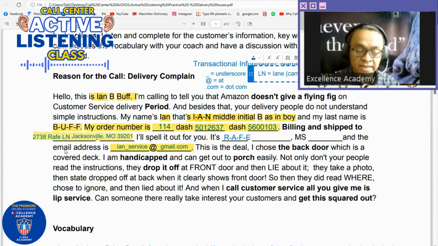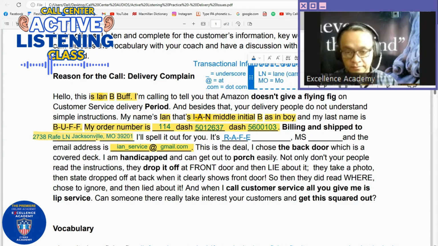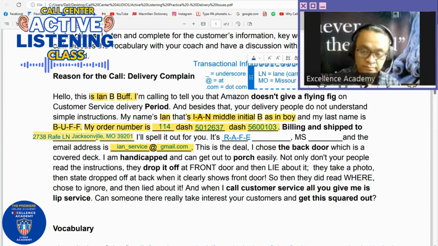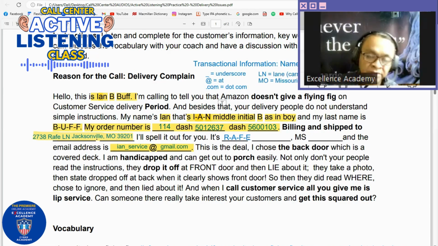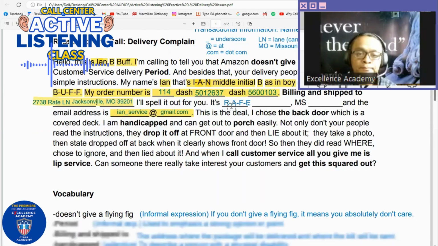And the city is Jacksonville in the state of Missouri. The abbreviation for the state of Missouri is MO. MO is the state of Missouri. Okay, so that's important for you guys to know. Okay, great. So transactional information. Are we clear with that?